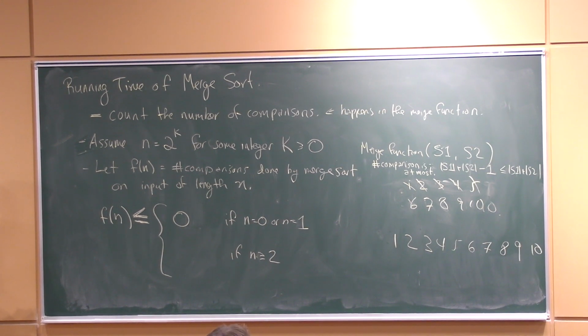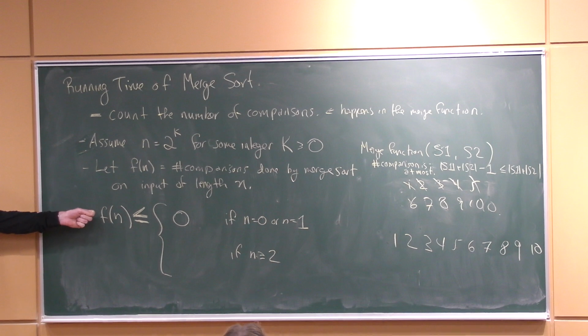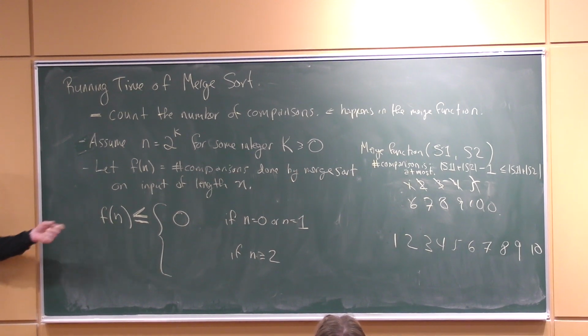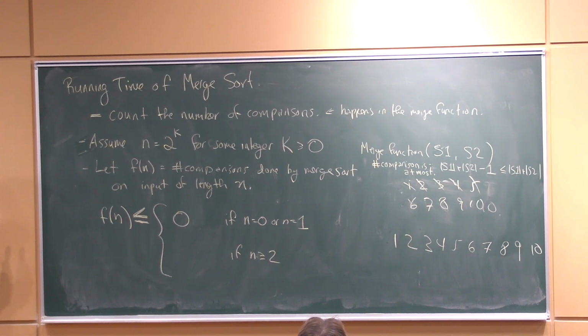So it first calls itself on the first half of the array, right? So whatever number of comparisons we do when trying to sort an array of length n, it's going to be the number of comparisons we do when we sort the first half, plus the number of comparisons we do when we sort the second half, plus the number of comparisons we do when merging.